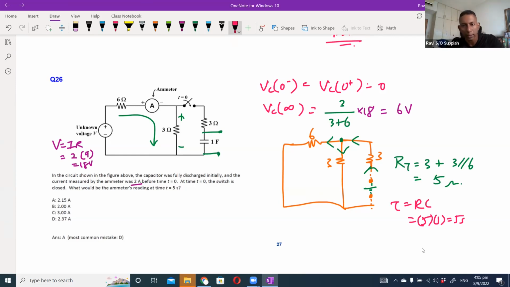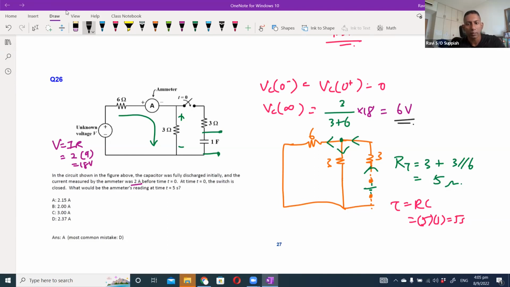So we know what RT is. How about VT? To find VT, we again see that since the capacitor is open circuit, the voltage across the capacitor is the voltage across the 3 ohm resistor, which is actually your 6 volt.